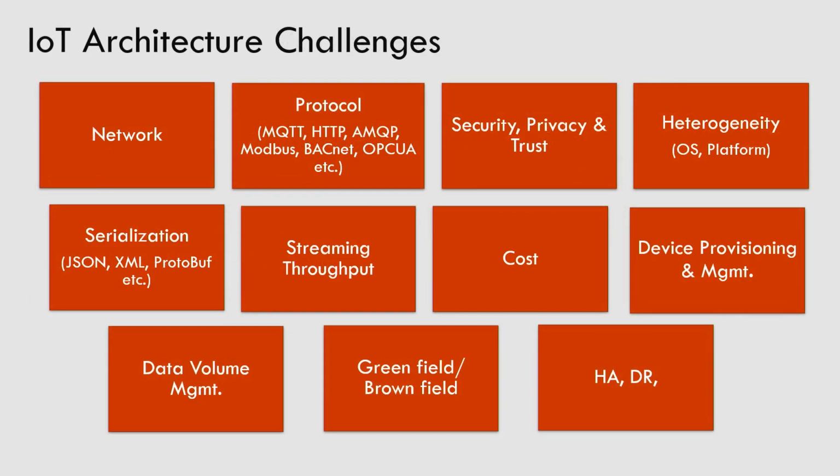Protocol. You have a lot of great cloud-native protocols when you're building an IoT solution. HTTP, AMQP, MQTT are great if you're building greenfield solutions from ground up. But if you're dealing with brownfield scenarios, or with a specific industry segment, you have to deal with a lot of non-cloud-native protocols, such as Modbus, predominant in the Industry 4.0 factory world, or BACnet, if you're trying to do automation connecting different buildings.